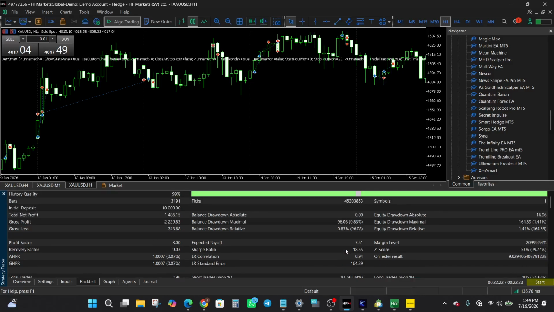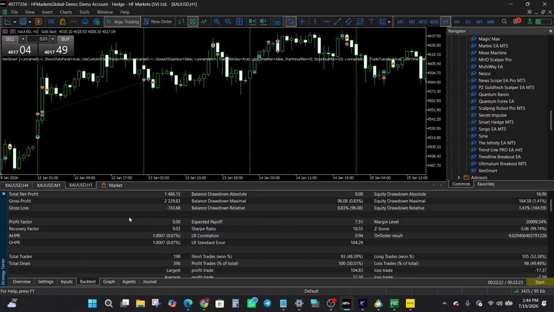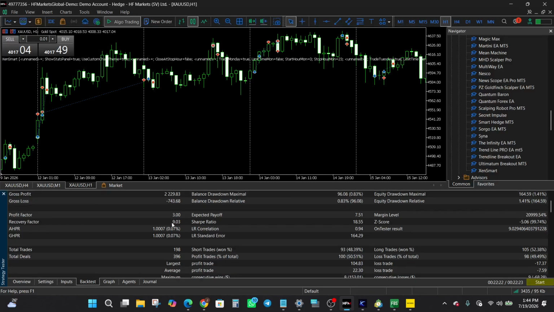Now, drawdown was very well contained at under 1% on a balance basis, and just under 1.5% on an equity basis. Okay, then the profit factor came in at a strong 3.00, and the recovery factor was notably high as well, at 9.03, reflecting an efficient result relative to the very small drawdown that was experienced on the account.